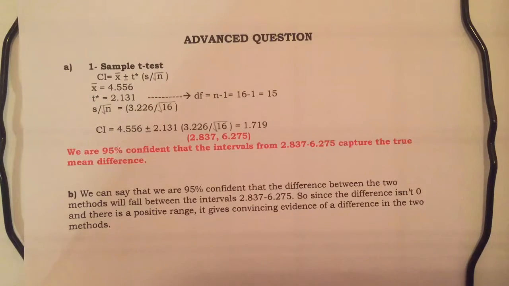I got x bar equals 4.556, and t star, which I found in table C, equals 2.131. I got that from finding the df, which equals n minus 1, which is 15. The standard deviation over the square root of n is 3.226 divided by the square root of 16.